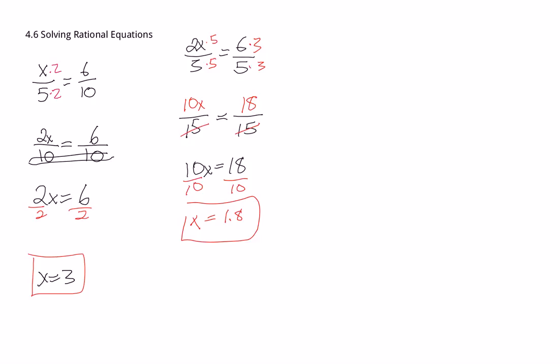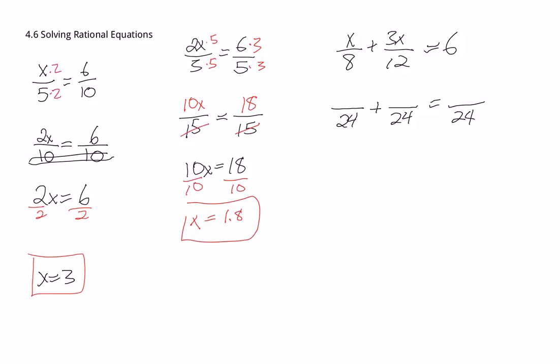So let's try one more that's a little bit harder. So we have x over 8 plus 3x over 12, and that's going to be equal to 6. Okay. In this case, we have 8 and 12, so our common denominator will be 24. So that means we want to change everything to be over 24, including the 6.